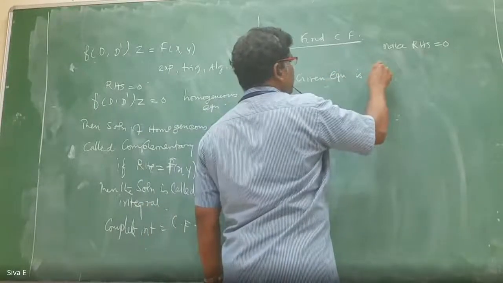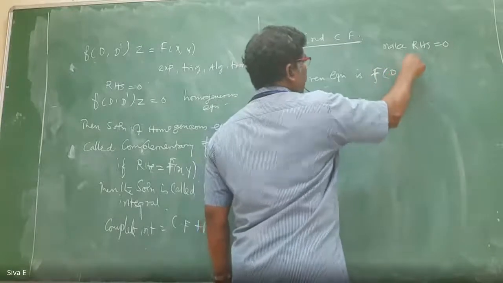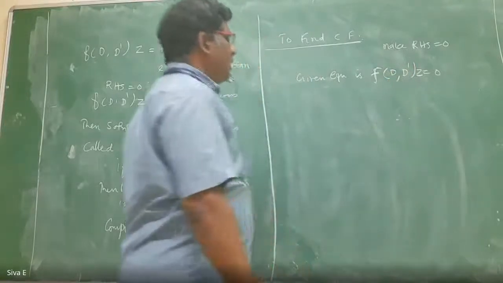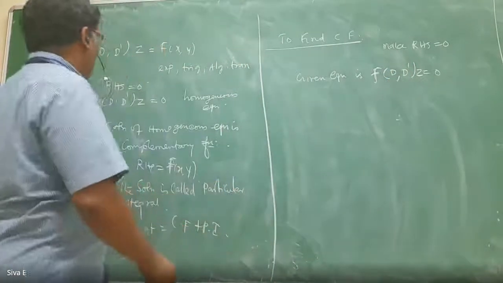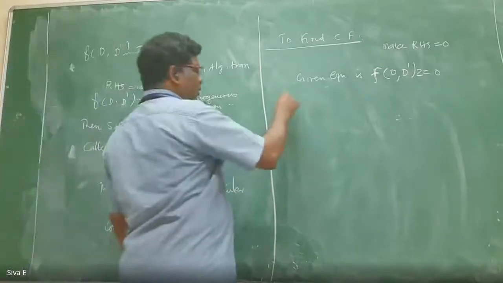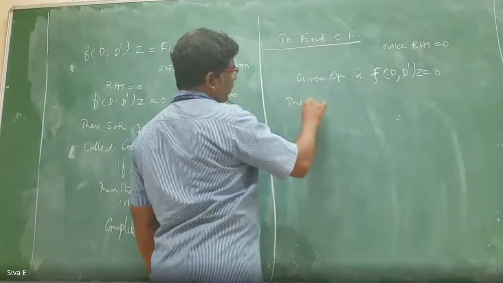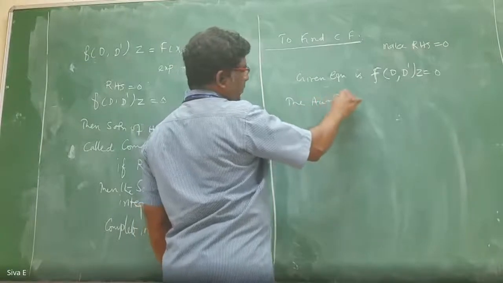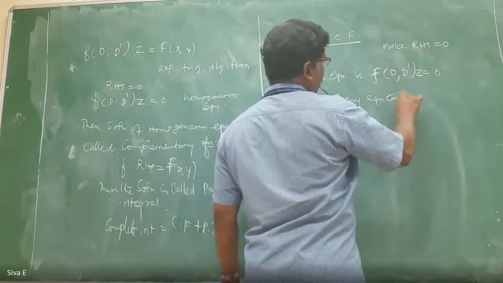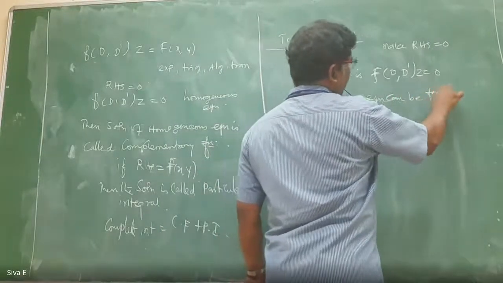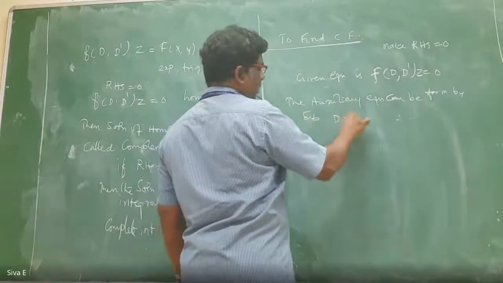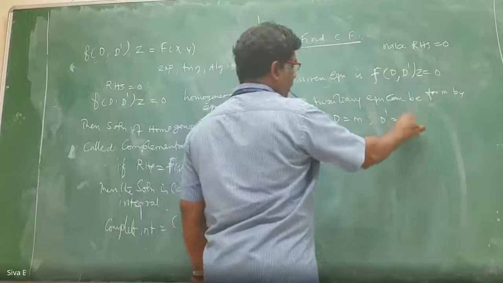f of D, D dash into z equal to 0. Is it not? If the right hand side is equal to 0, f of D, D dash equal to 0. So then we have to write the auxiliary equation. The auxiliary equation can be formed by substituting D equal to m and D dash equal to 1.